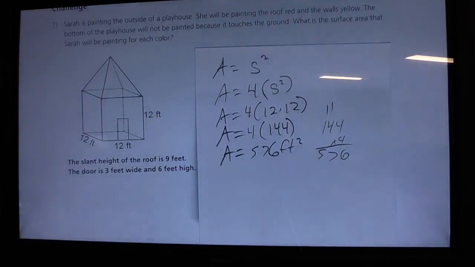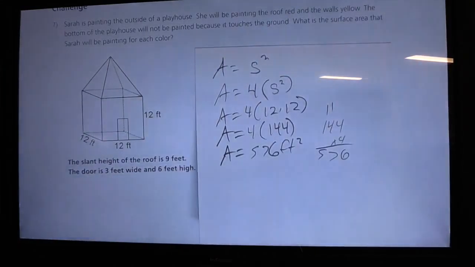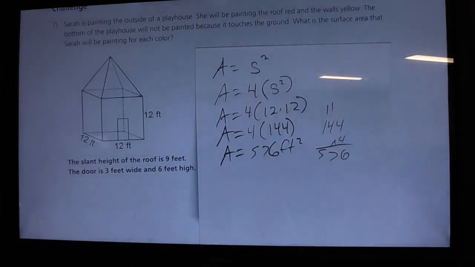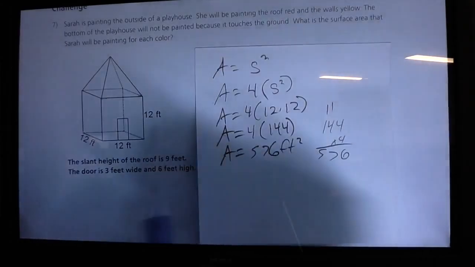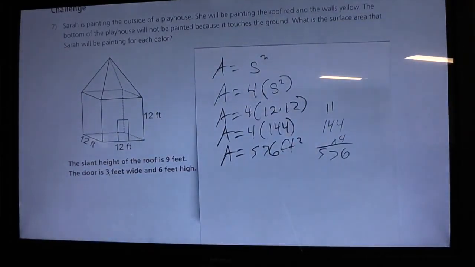Can I say that the surface area that will be painted yellow is 576 feet square? No. No, because I have to subtract from that the door. She apparently is not going to paint the door yellow, so I have to subtract that much from it. And it tells me that it's 3 feet by 6 feet, so I know it's a rectangle.